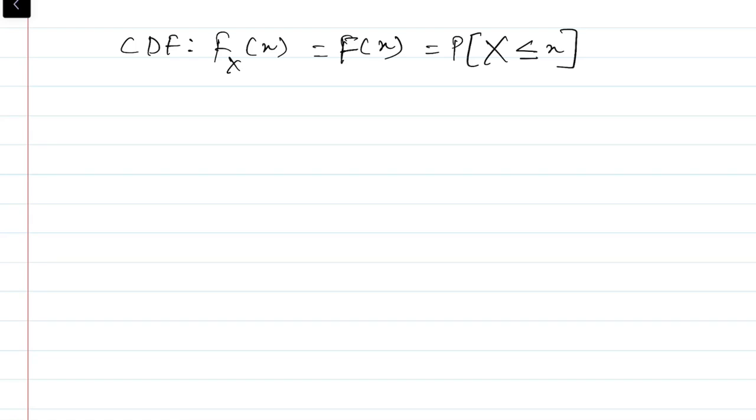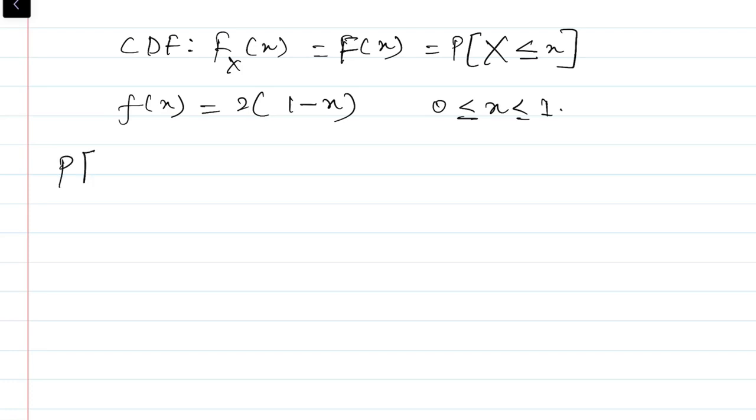Now let's look at one example. Suppose the PDF is 2 times (1 minus x) and the range of x is 0 to 1, and you are asked to calculate the probability where the random variable is less than or equal to 0.4.